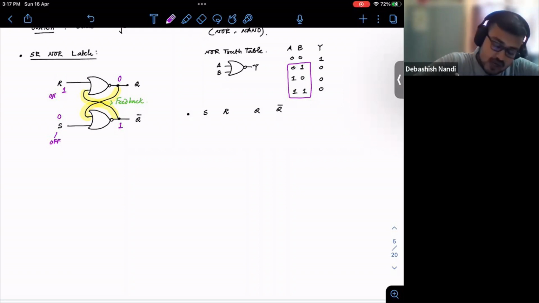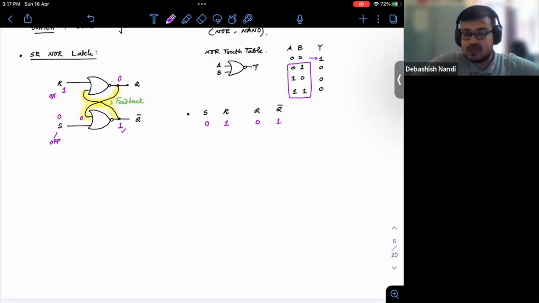So if this is 1 and this is 0, you see this 0 is coming here, 0 0, you are giving 0 0, you are getting 1, right? So it is 1 and 1 1, you are getting 0, fine. So if your S is 0, R is 1, you are getting Q as 0, Q bar as 1.